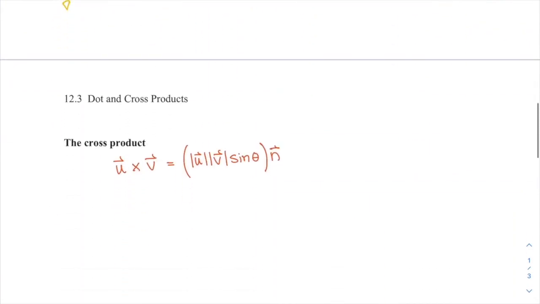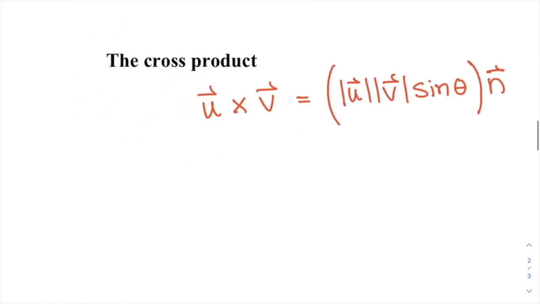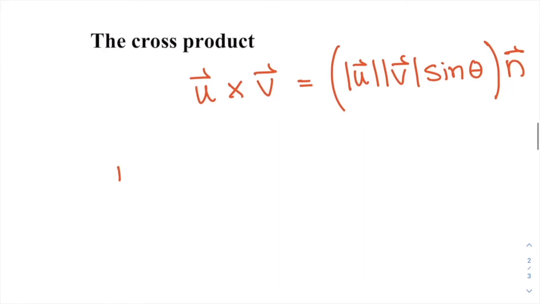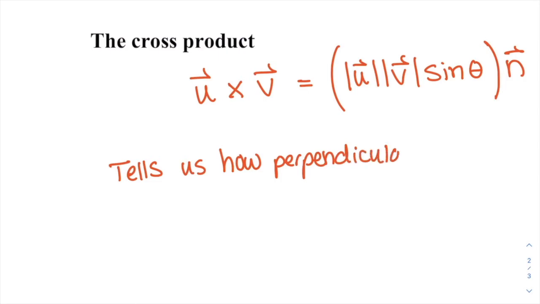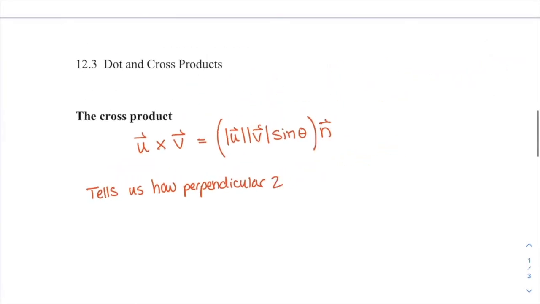And so if you think back to that relationship between the angle and when the result was 0 or when it was maximized, those are really going to be inversed for the cross product. The cross product is really telling us about how perpendicular two vectors are. So when two vectors are completely orthogonal, then the cross product will be maximized.